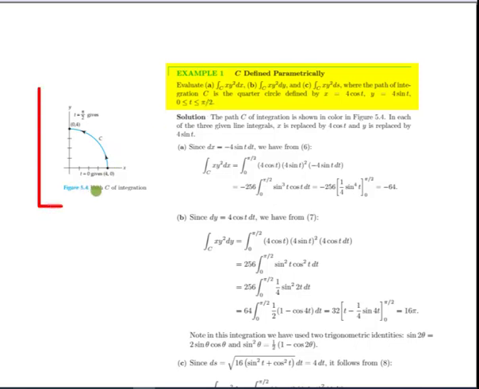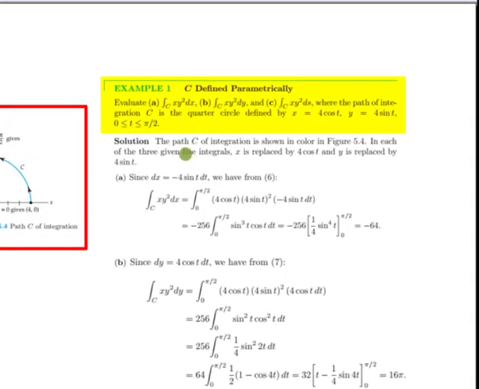In figure 4, path C of integration starts from the point (4, 0) and ends at the point (0, 4). You can see that it's a quarter circle with radius equal to 4.